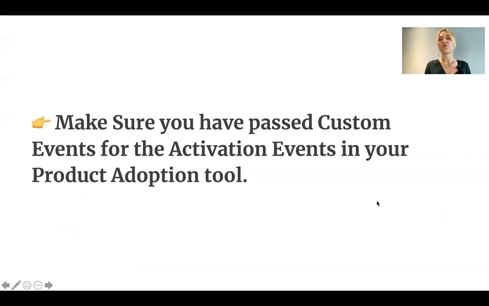Right, so before you create any experiences, you need to pass custom events, so the key activation events, to your product adoption platform. For instance, Userpilot, but you can use any others.